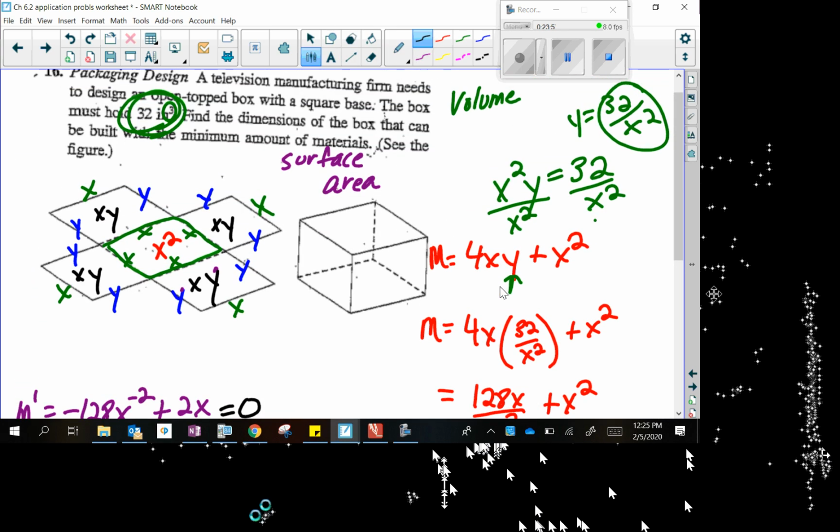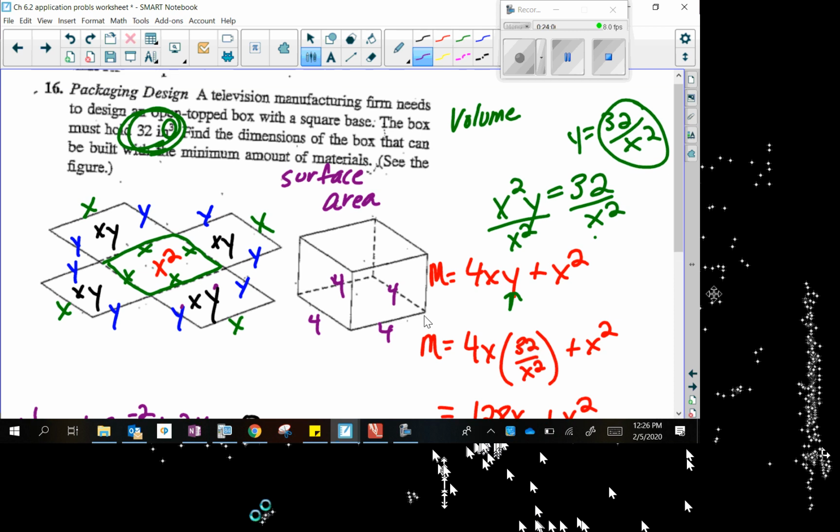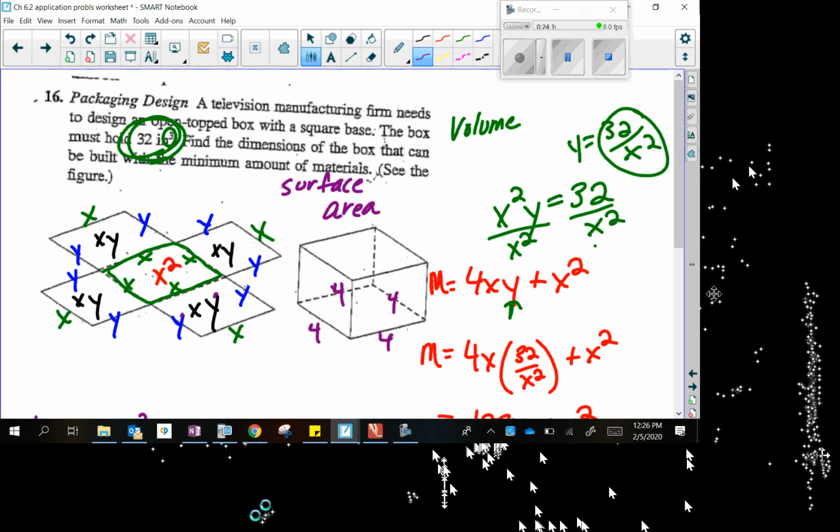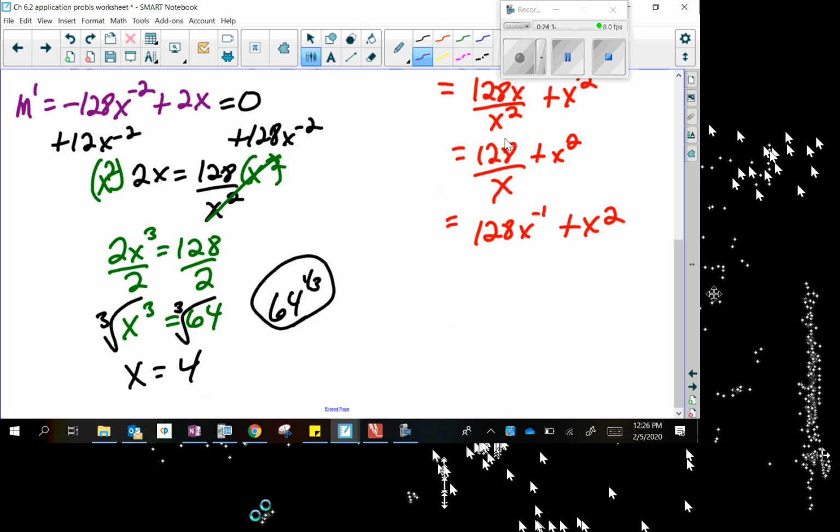So that tells us that the width of the sides of the base are 4. How do we find what y is? We come up here, y equals 32 divided by x squared. So 32 divided by 16 equals 2.